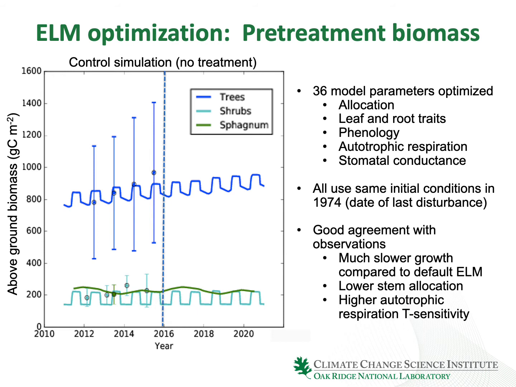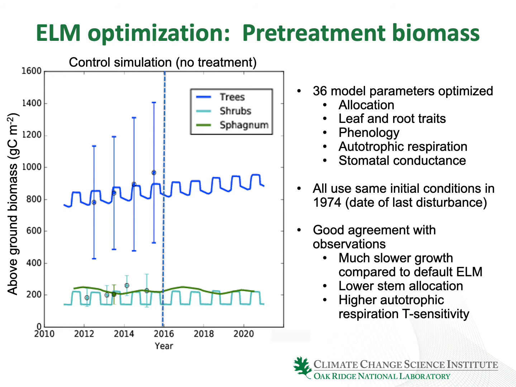All of these runs use the same initial conditions in 1974, which is the date of the harvest that occurred at the site. We ran a genetic algorithm type of optimization where we allow these 36 parameters to vary within specified ranges and eventually reach an optimal value where the model best matched the observed biomass values of the trees, shrub, and sphagnum.